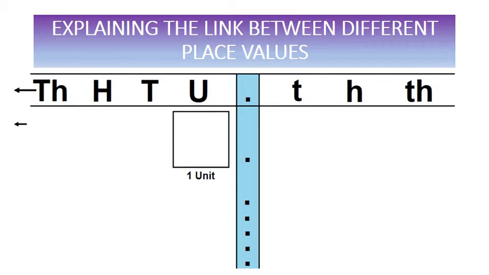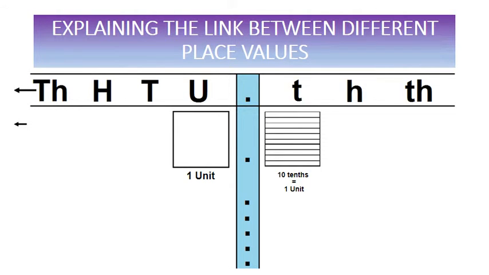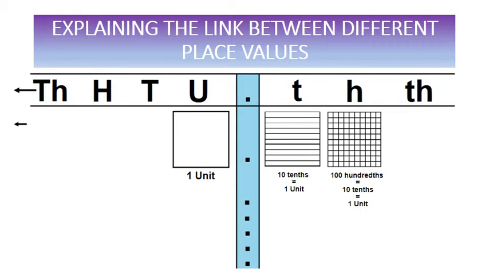So if I take the same square and put it into my tenths column, it's divided equally into 10 pieces, and each of those pieces is 1/10, and we can see that 10 tenths is the same as the 1 unit. If we take the same square again and this time divide it up equally into 100 pieces, we can see that 100 hundredths is the same as 10 tenths, which is the same as 1 unit.